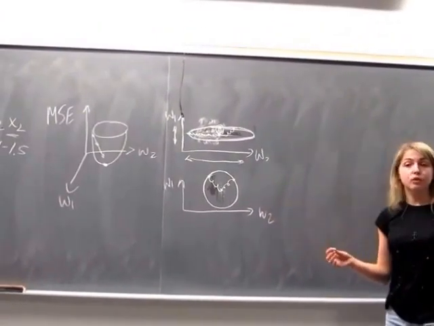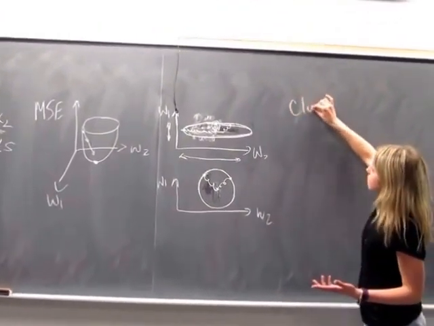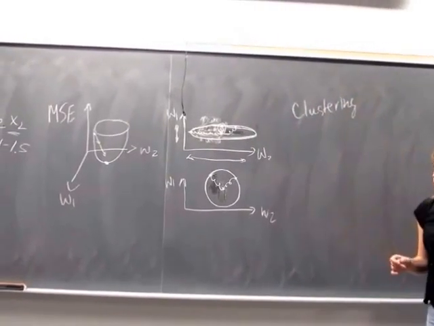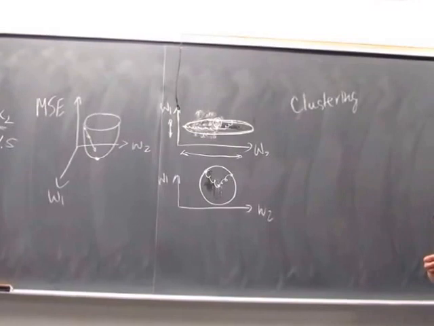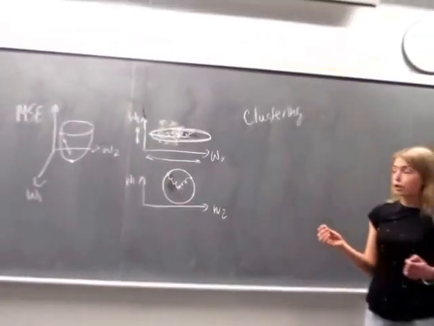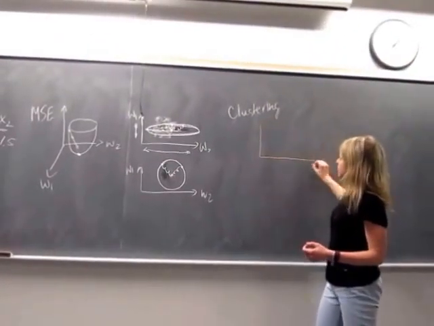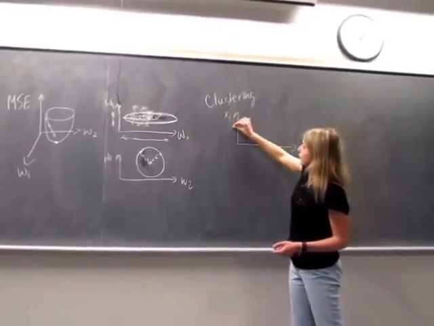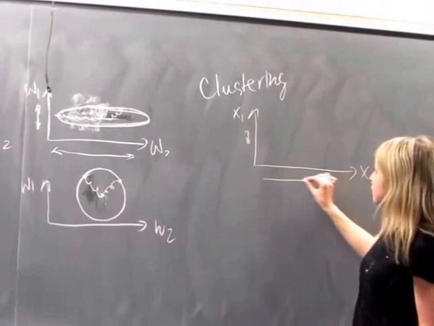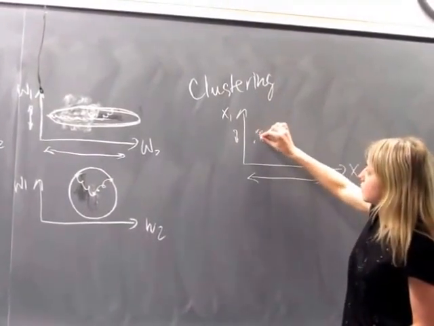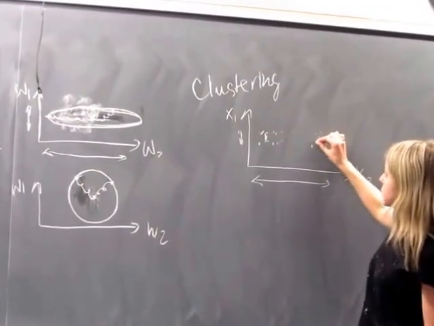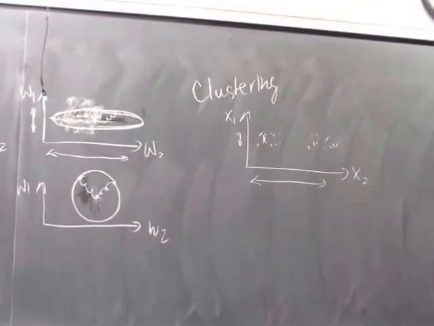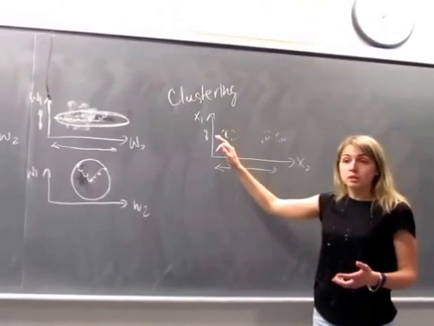A different example is clustering. Clustering is another point where scaling really matters. So say I have my x1 and x2, and I have a small variation here and a large variation here. Say my values fit something like this. A lot of clustering algorithms will weight both variables the same.